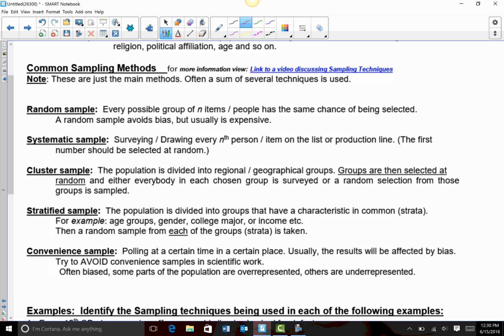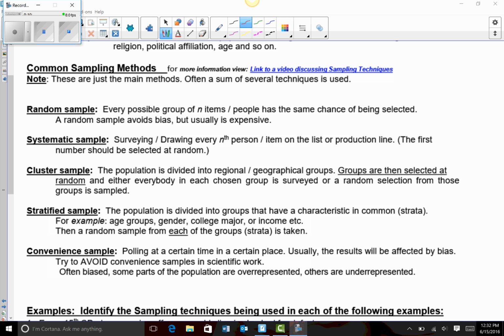So for example, let's say we go to a conference and they're raffling off something at the conference, and they tell you to put your name in the hat.